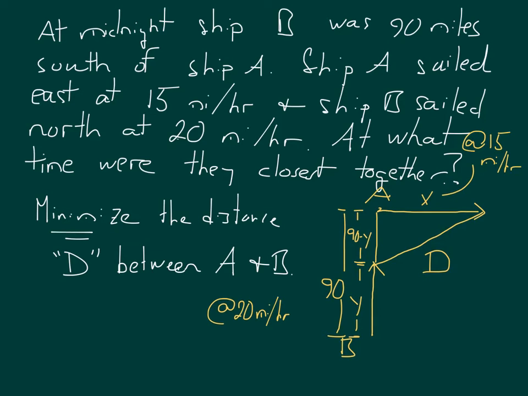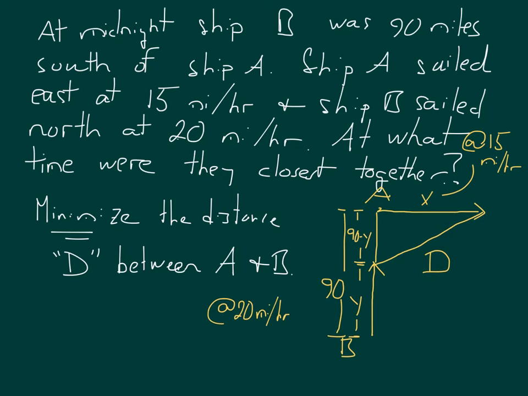All right. So with this in mind, we can write D, there it is, in terms of x and 90 minus y, just via the Pythagorean theorem.